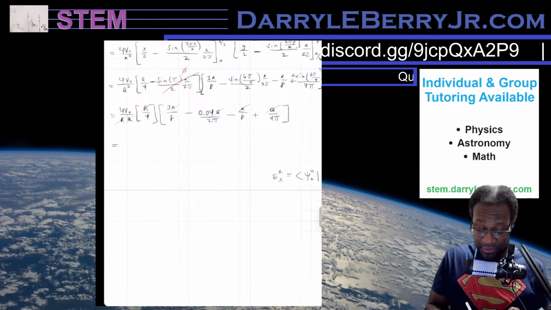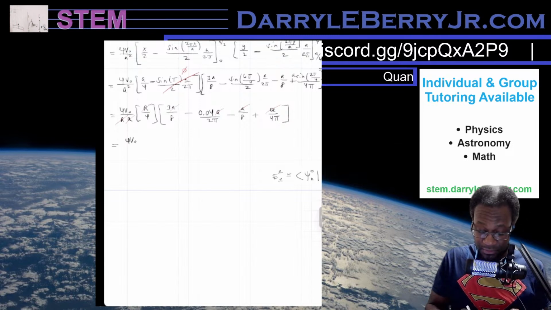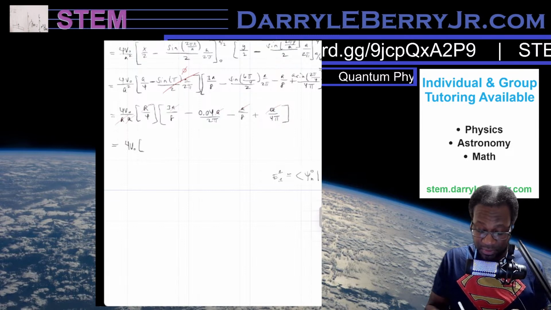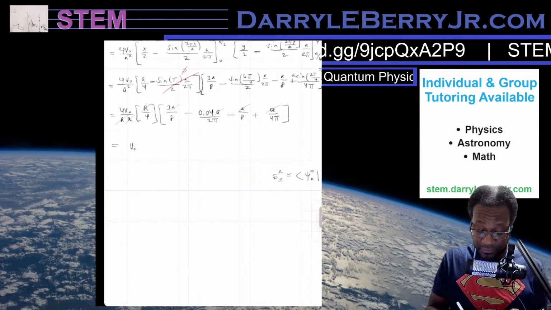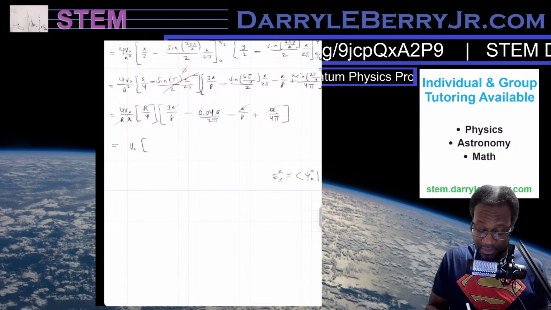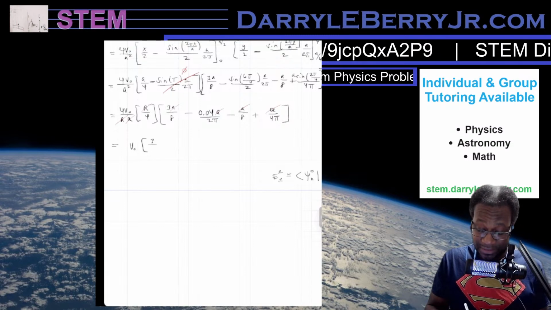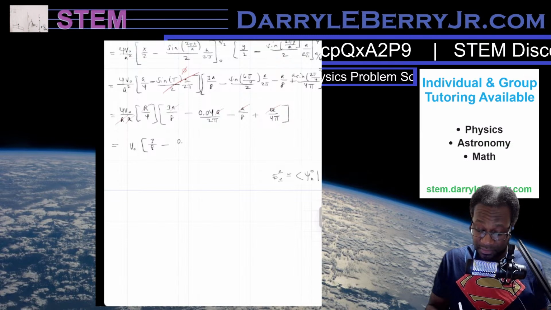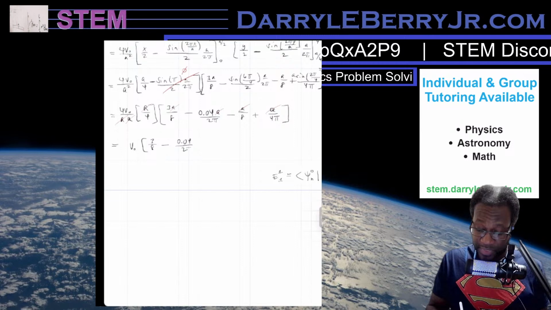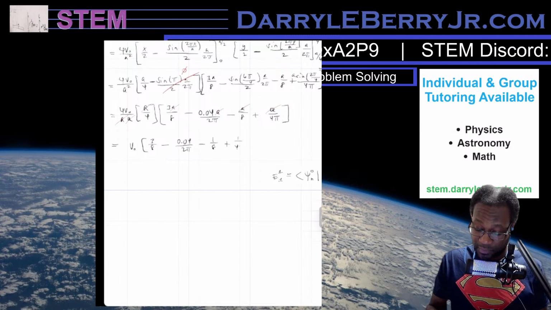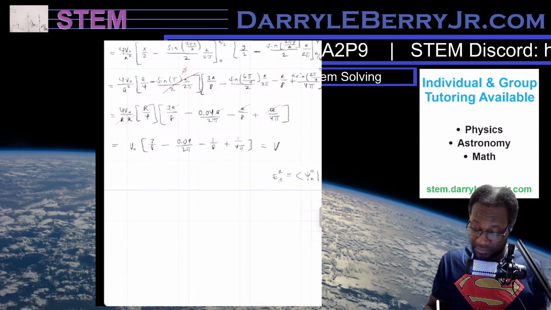So now we have equals 4 v naught times 1 over 4. And actually, I can get rid of the 4 right there. That takes care of that. And we have 3 over 8 minus 0.04 over 2 pi minus 1 over 8 plus 1 over 4 pi. So that's going to be v naught.